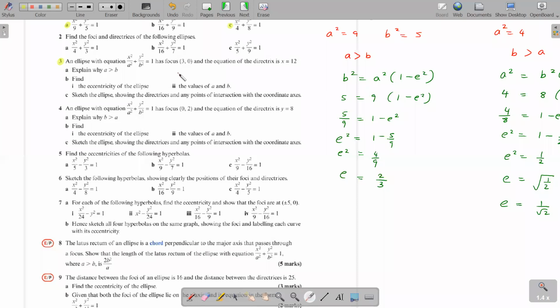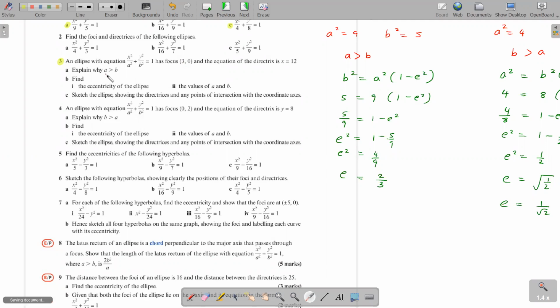Because your focus, can you see? Focus (3, 0) means what? Is the focus on the x-axis or the y-axis? (3, 0) means it's on the x-axis. The directrix x equals 12 is on which axis? The x-axis. So that is the reason exactly. The foci and directrix are on the x-axis. Therefore, a is greater than b.